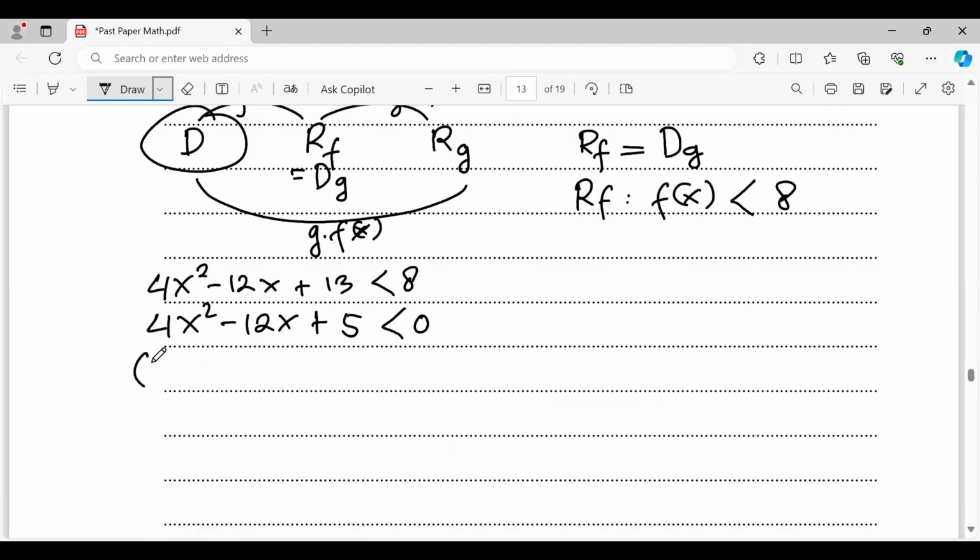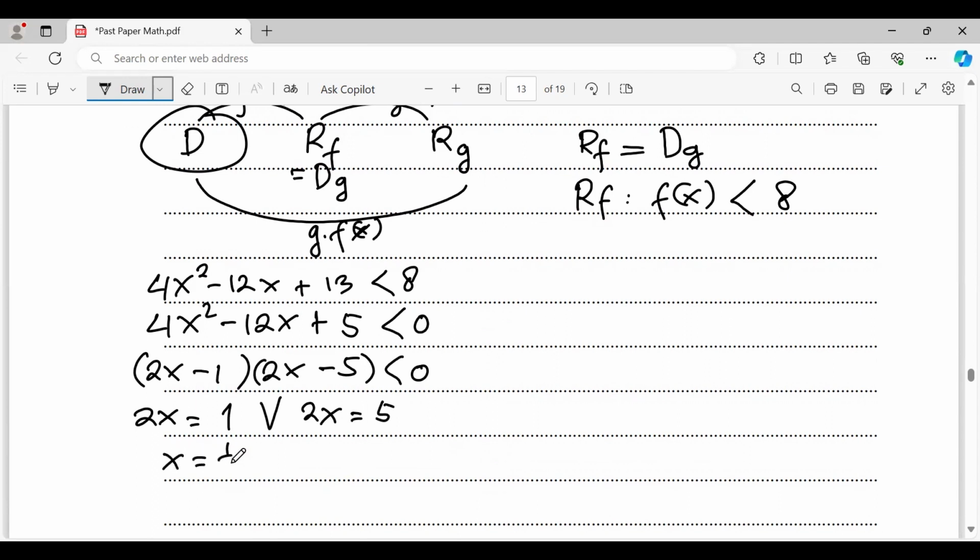Through factorization, we can determine the values of x, okay, so becomes 2x equals 1 or 2x equals 5.